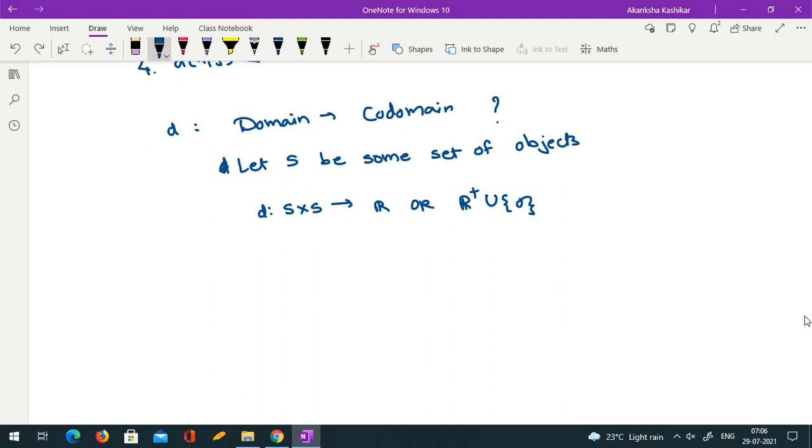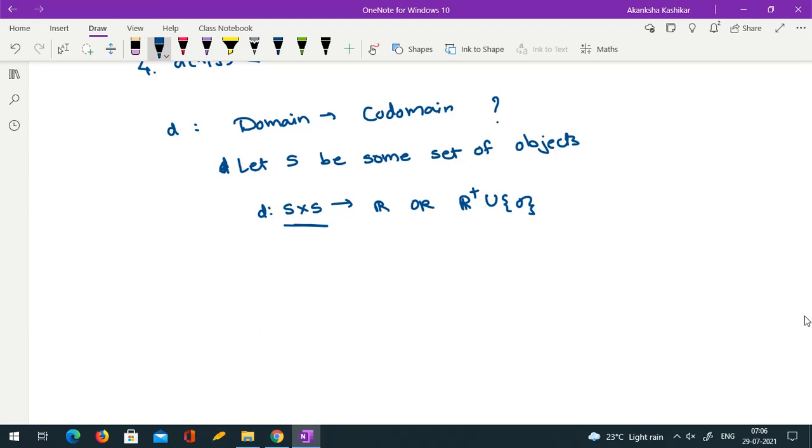Okay. So we always have the distance function defined on S cross S. We need two objects between which we define the distance, and the codomain can be R also, that is fine, you don't have to specify. So this is important.